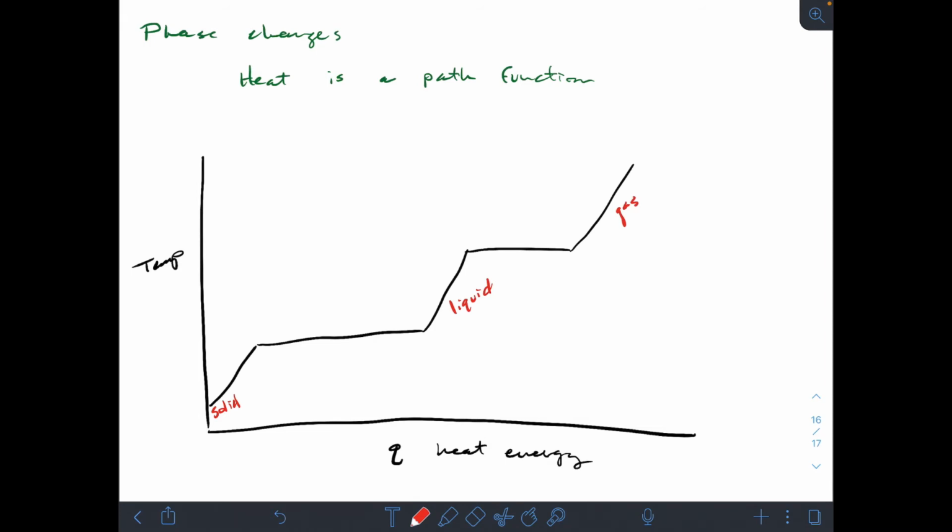Now the flat plateau portions, and they should be flat, should show no increase. This is our solid to liquid transition. And then our other flat spot, this is our liquid to gas transition.